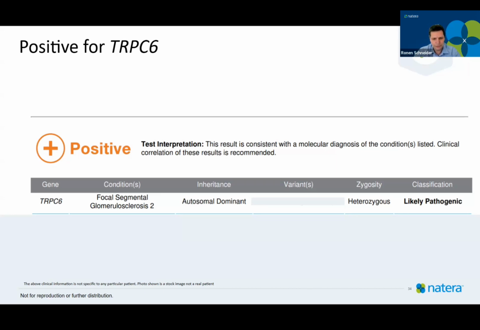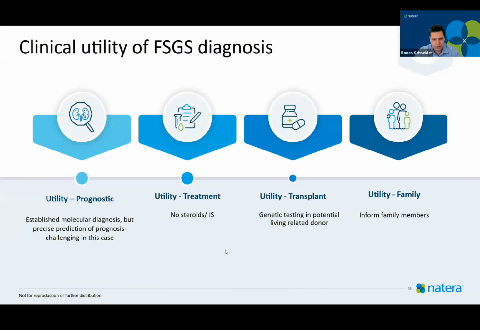So what is the importance of diagnosing TRPC6, a rare genetic variant, in this patient? First, in terms of prognosis, we establish here a clear molecular diagnosis, but while we cannot draw a precise prognostic prediction in this form of FSGS, we do know that the patient is likely to develop end-stage renal disease at some point.